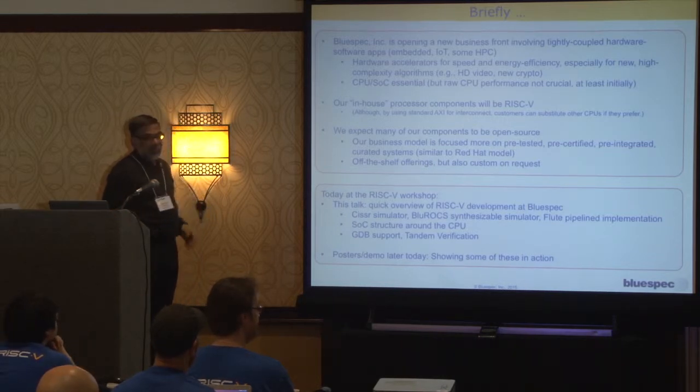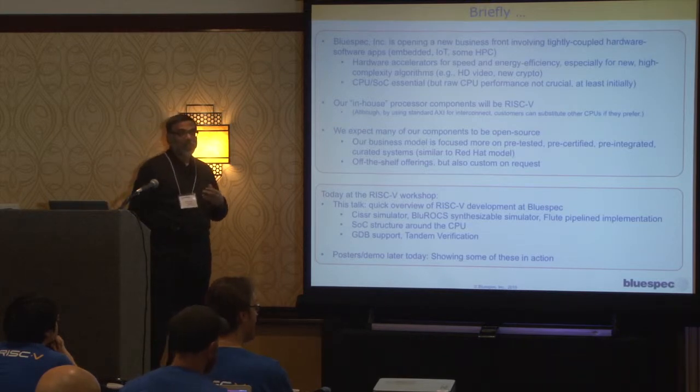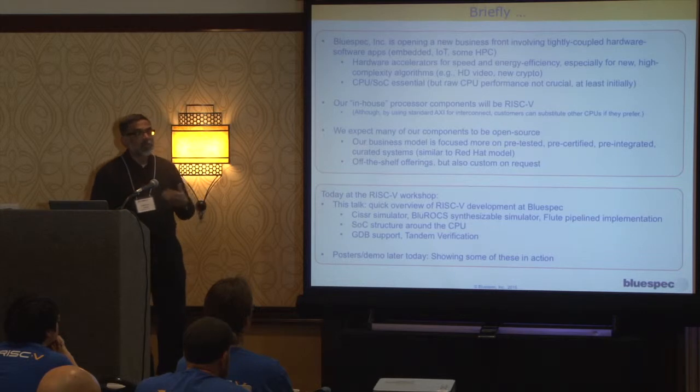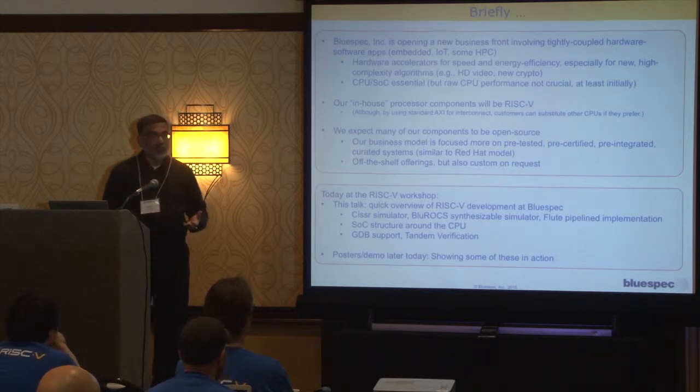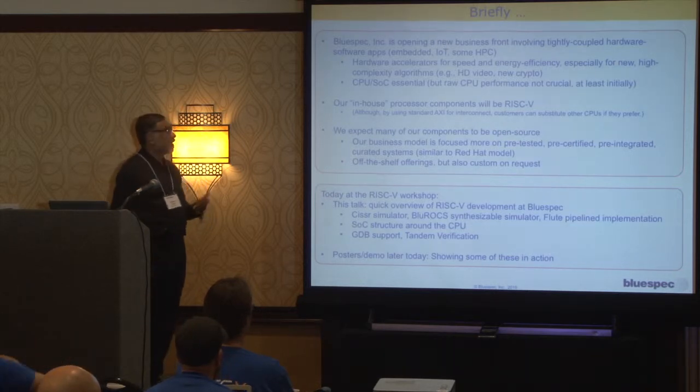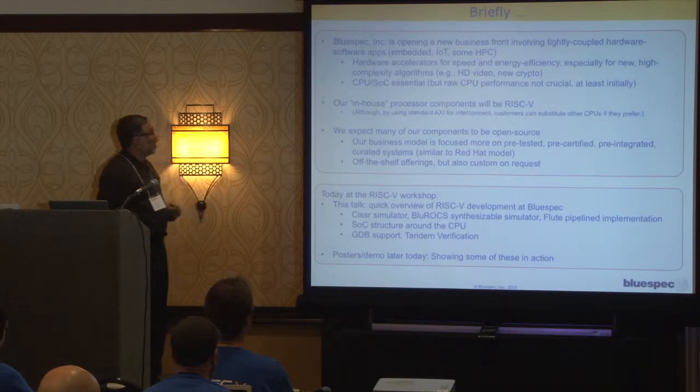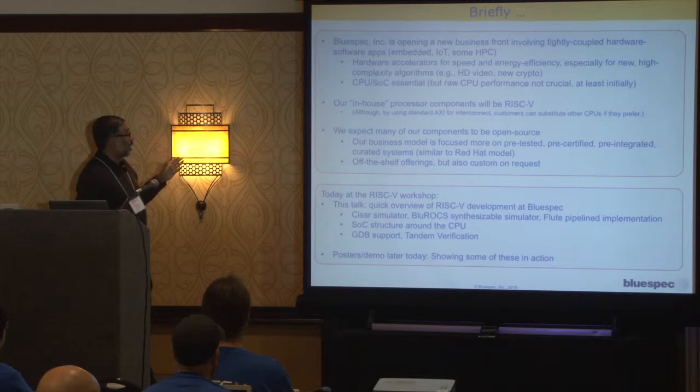In the broad sense, we will be a little agnostic about what processors we use. We'll use standard interconnects like AXI and so on. But we ourselves will be providing RISC-V processors only as the in-house offering. If a customer wants to put some other processor in, that's okay. And we expect many of our components to be open source.